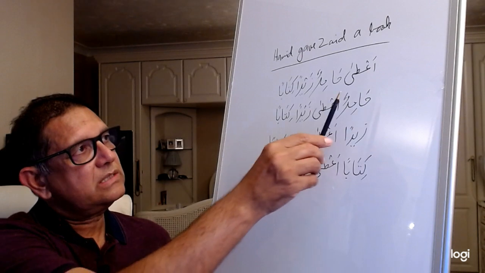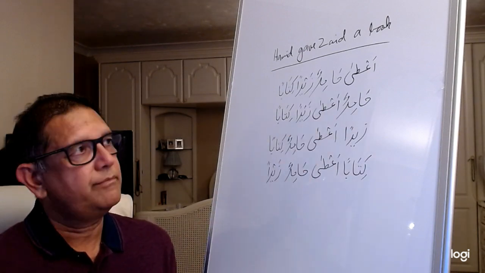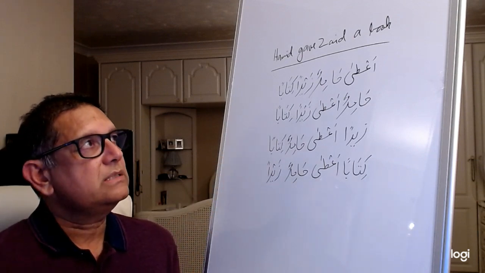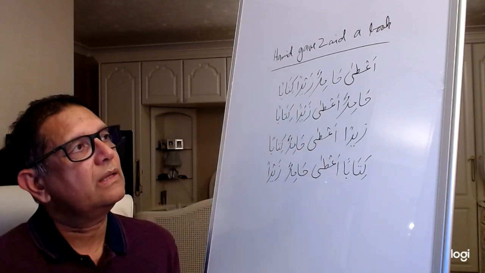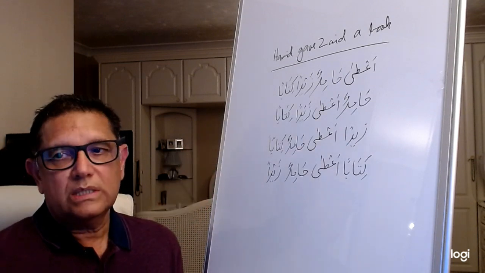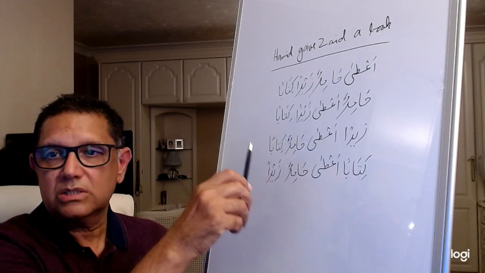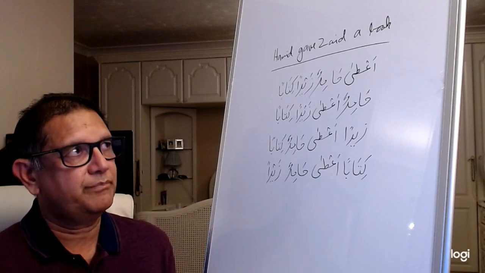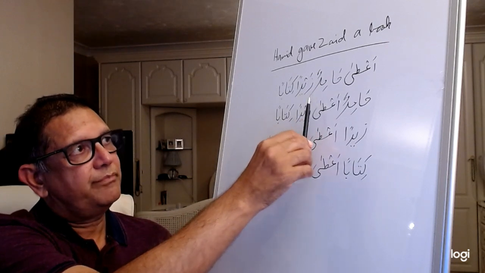So the first construction, Ata Hamidun Zaidan Kitaban, and the rest 3, the general meaning is the same, that Hamid gave Zaid a book. Although the general meaning is the same, there are minor, subtle and significant differences between these 4 constructions. This is the default construction.